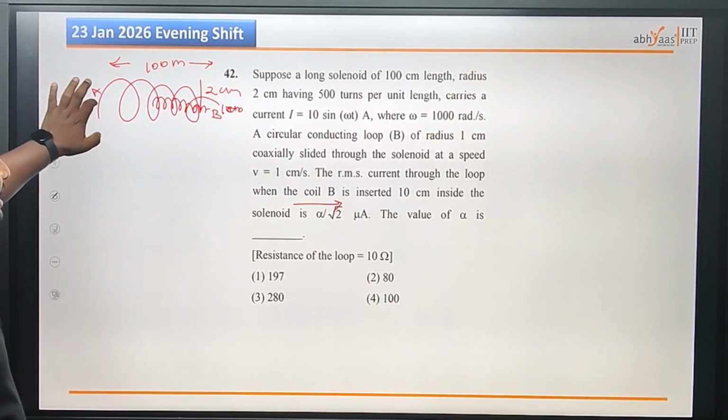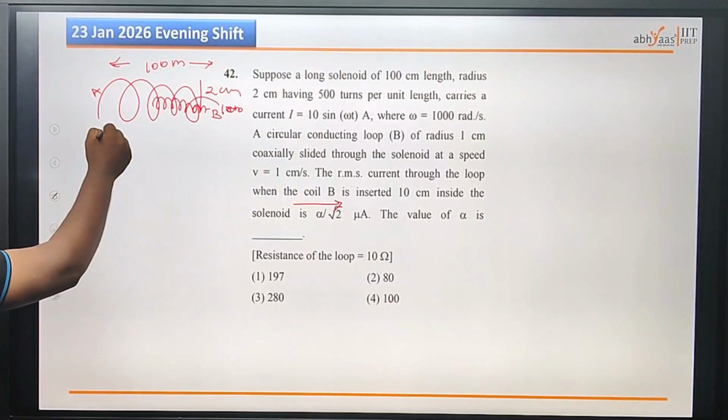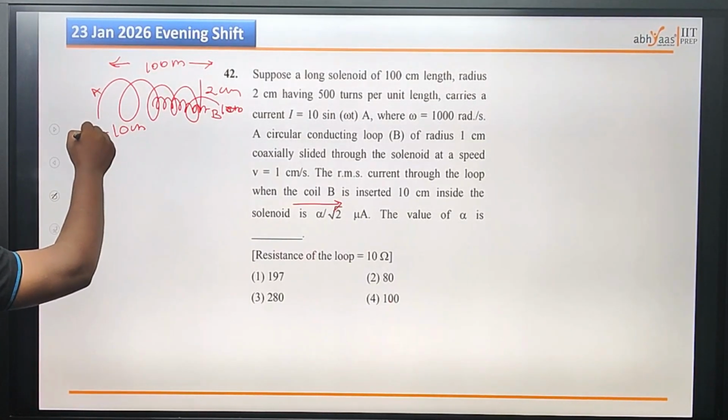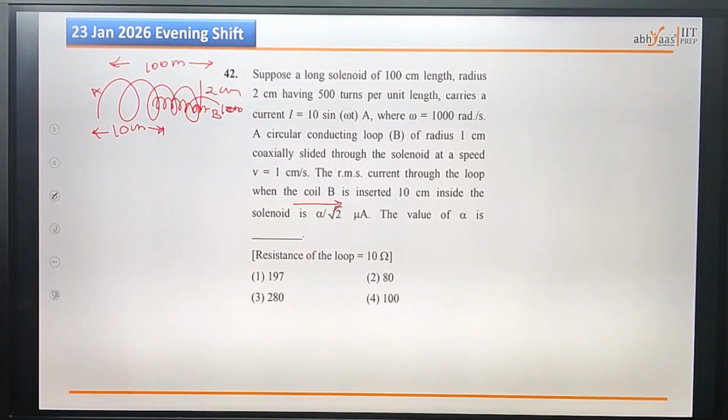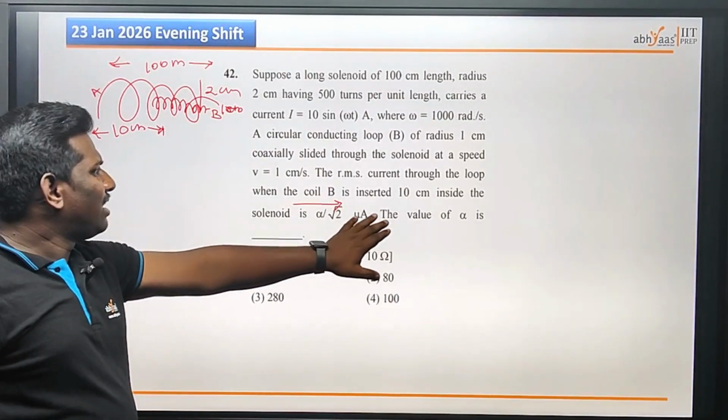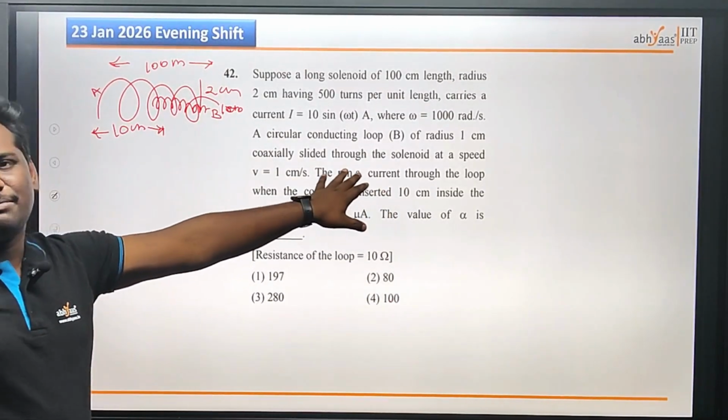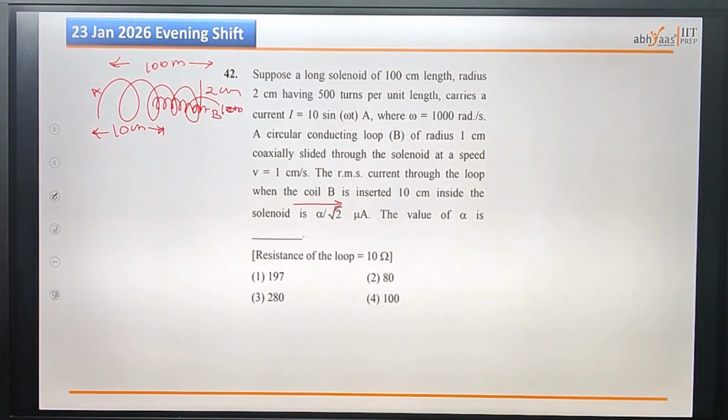So when it is inserted 10 centimeters, what is the RMS current through the loop B?